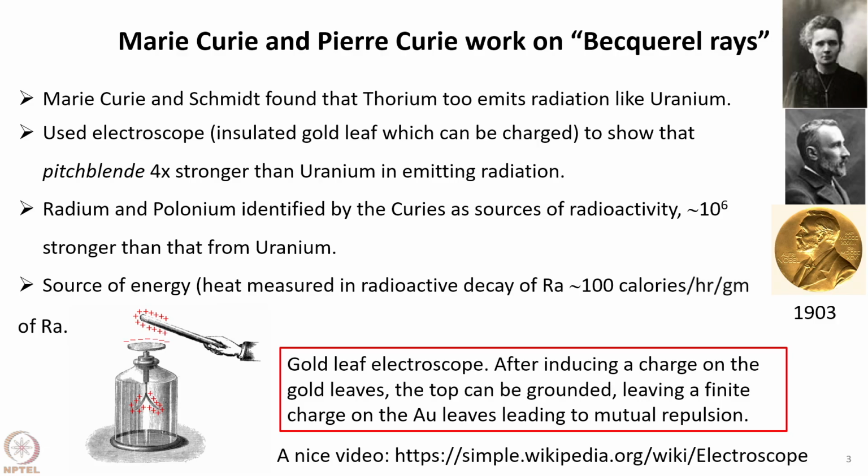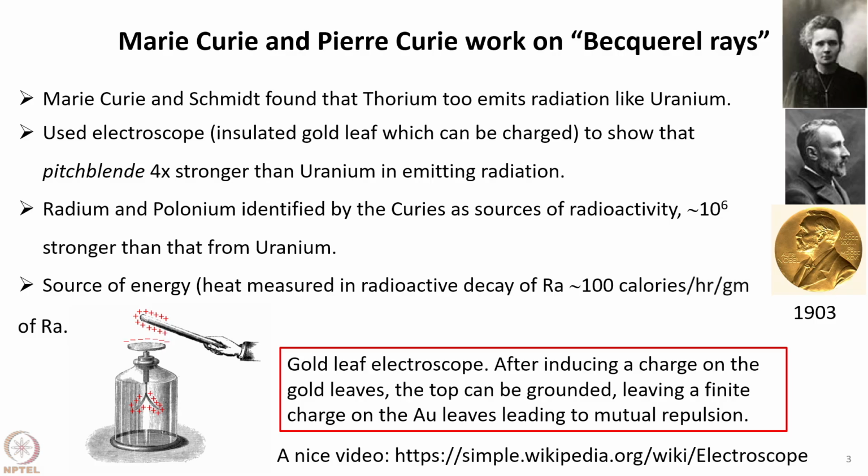But if you expose it to radiation, now we know that ion pairs form, and then the electrons actually discharge the positive charge there, and so this leads to the gold leaves coming together. So this is a sort of demonstration of the fact that there is something going on in these Becquerel rays which emitted radiation, which changed the situation in the air around the electroscope.